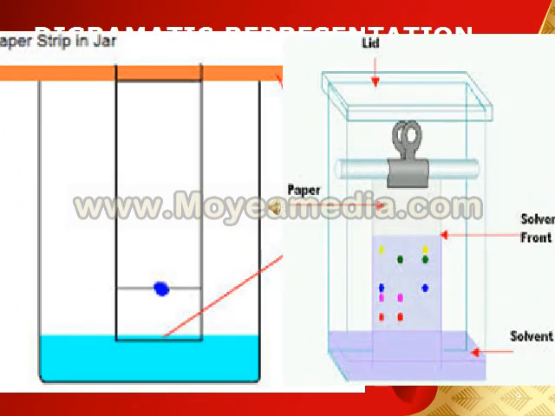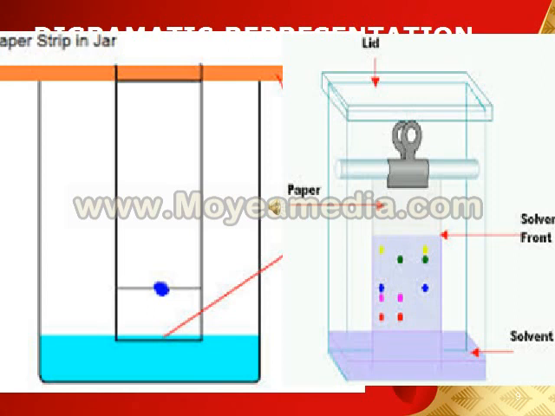This is a diagrammatic representation as to how we perform the experiment of paper chromatography in the laboratory. Here, as you can see, we have a jar or a tank, a paper strip, and solvent in the jar, which is covered by a lid, and it is exposed in the solvent for a fixed amount of time.